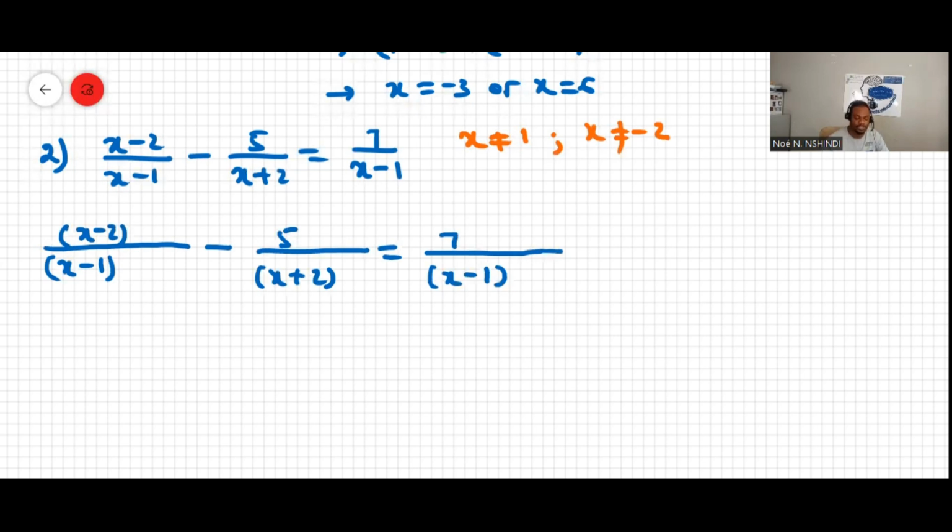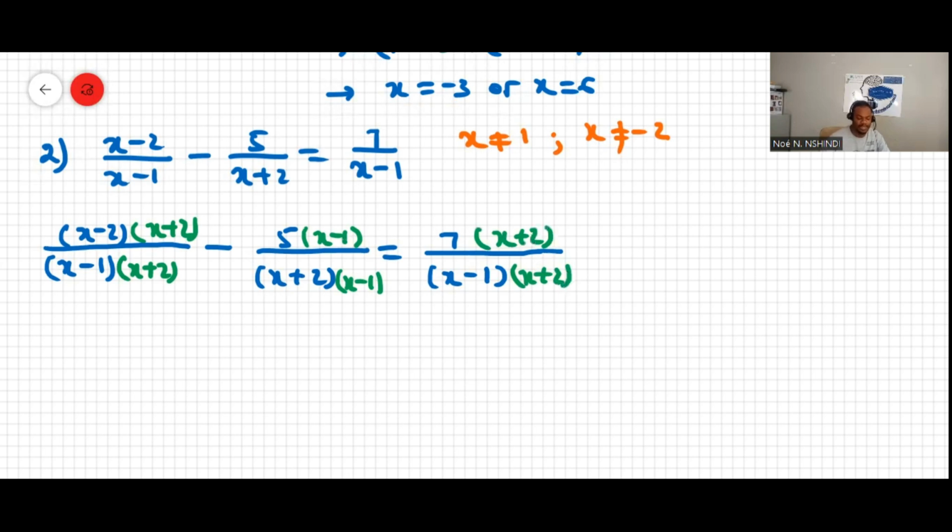So now the common denominator will be, if I put an x plus 2 here, and then x plus 2 there, and there must be an x minus 1 here, and then x minus 1 also here, and then x plus 2 there.